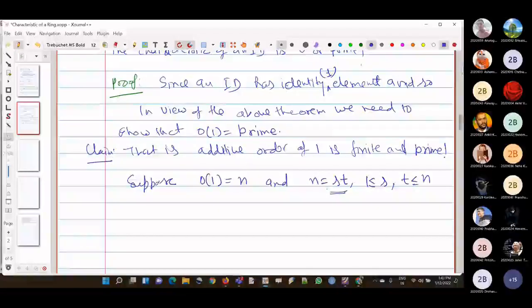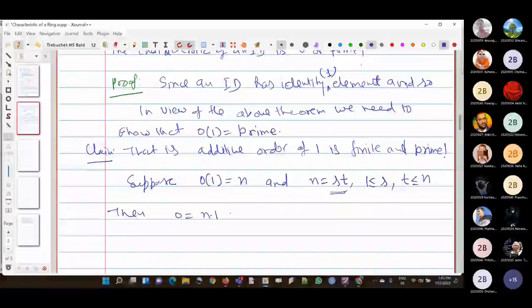We are assuming that n can be written as s times t, where s and t are greater than or equal to 1 and less than or equal to n. We will try to find the possibilities for s and t. Then 0 equals n times 1, because n is the order of 1.